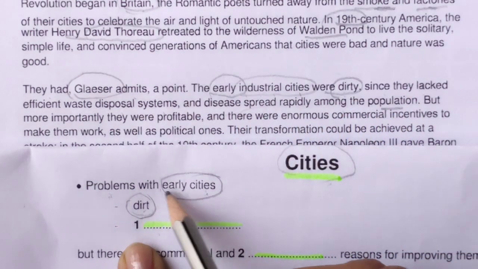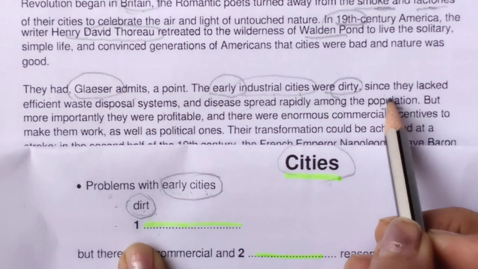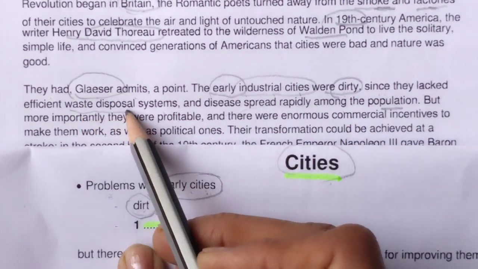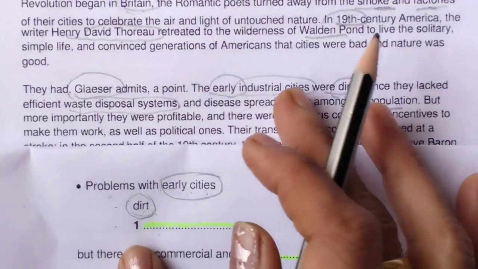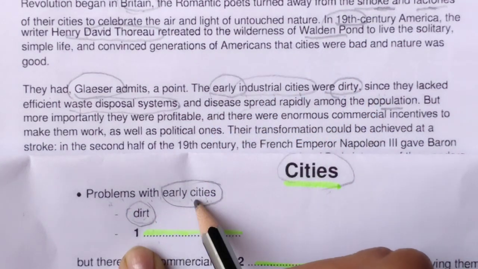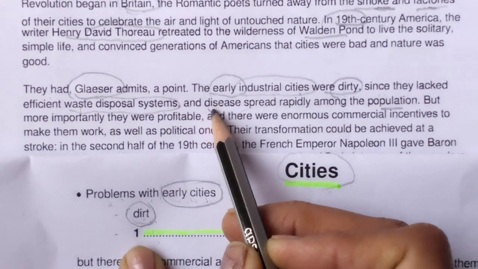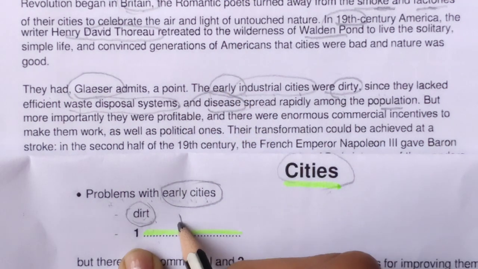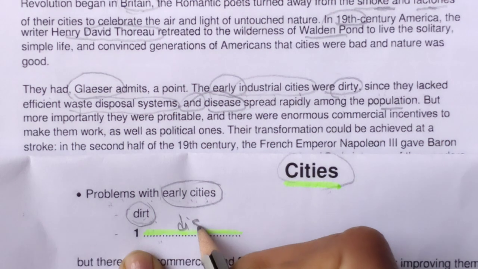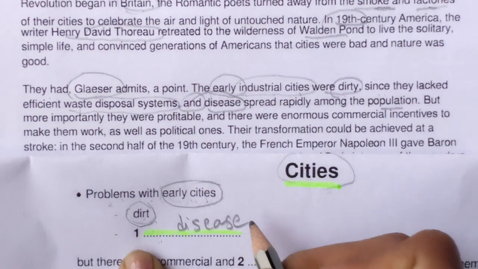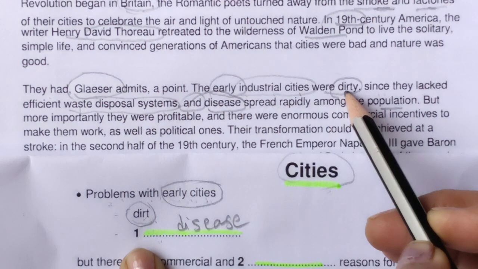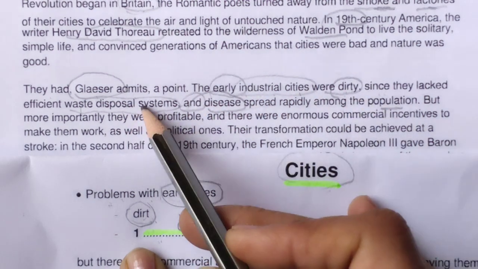So problems with early cities, dirt along with... but here these are three words. So let's find another word. Problems with early cities, dirt and disease. So we can write here disease, because "and" is given, so they are talking about two things. So we can write here disease, not waste disposal. So they are giving an explanation of this dirty kind of thing.